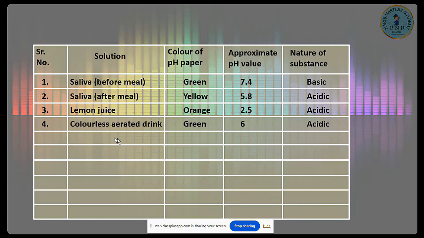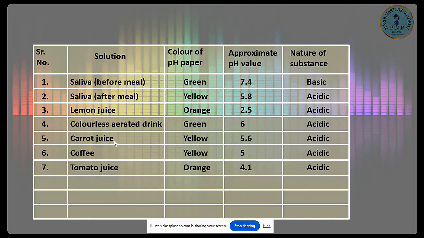Colorless aerated drinks are acidic in nature, with pH value less than 7. Carrot juice is also acidic in nature. Coffee, yellow, pH value is 5, acidic in nature, but it is bitter to taste. Tomato juice, 4.1, acidic in nature.